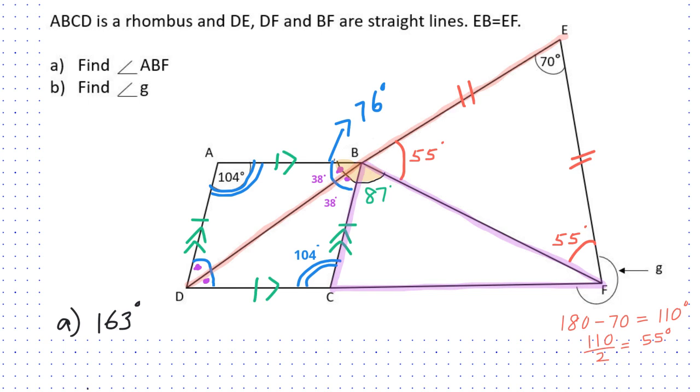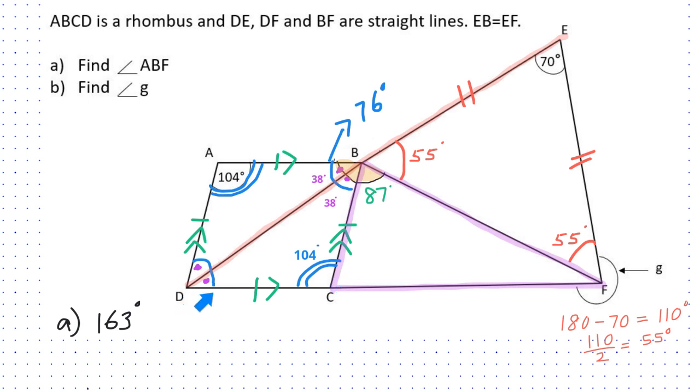Okay, so let us take a look at the triangle CBF, which I have highlighted in purple. We know that the sum of angles in a triangle is 180 degrees. So this angle is equal to 87 degrees. So let's take a look at this angle.